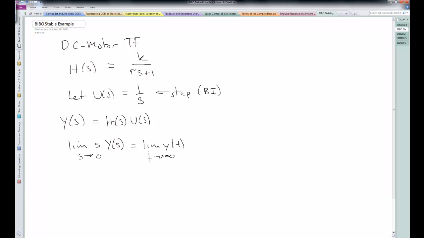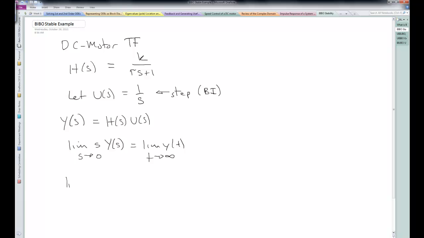Now I'm being a little bit loose with applying the final value theorem because recall the final value theorem does require that the limit of y(t) as t goes to infinity exists. And it will have a limit if the system is stable, which would be true depending on the value of tau here, as long as tau is positive. And we're basically saying that, oh, well, the system is BIBO stable if the system is stable, right? And so we're doing this kind of backwards, but again, these are examples of how this would work.